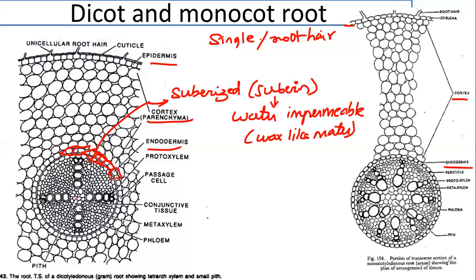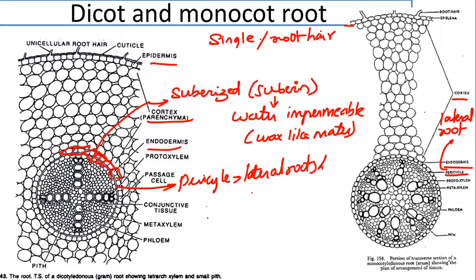This pericycle will help in lateral root development during secondary growth, whereas in monocot the pericycle will help in giving rise to both lateral roots as well as vascular bundles. So that is the difference between the pericycle present in dicot root and monocot root.